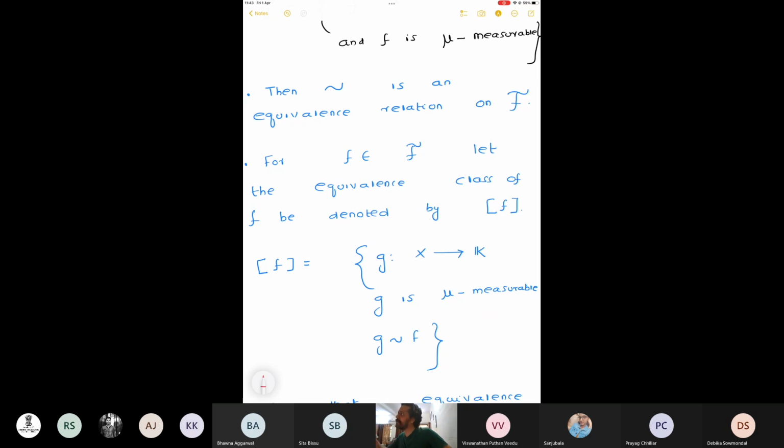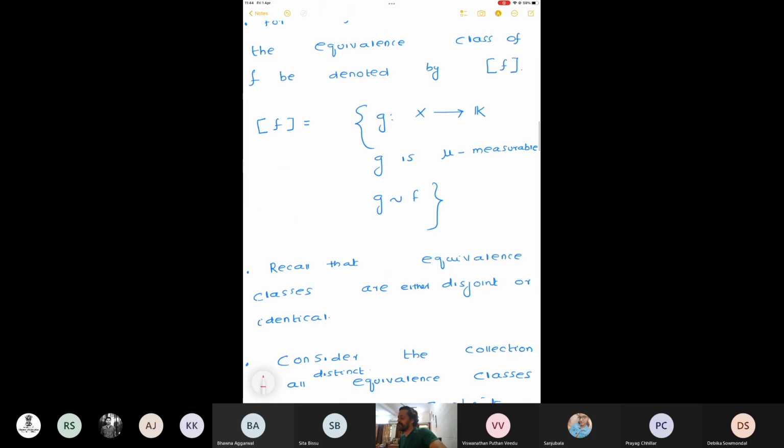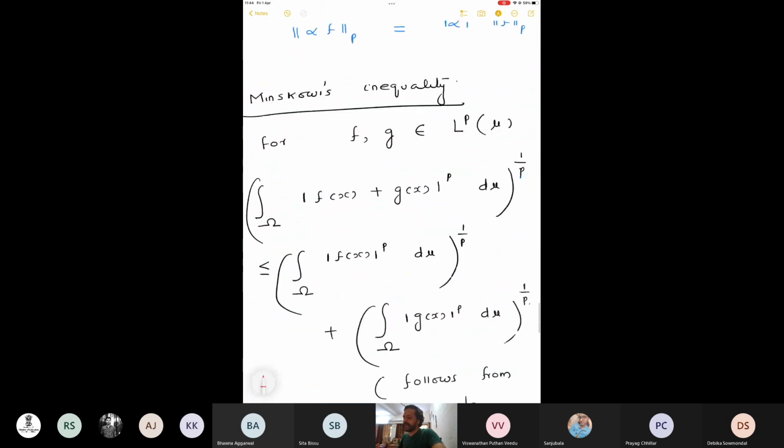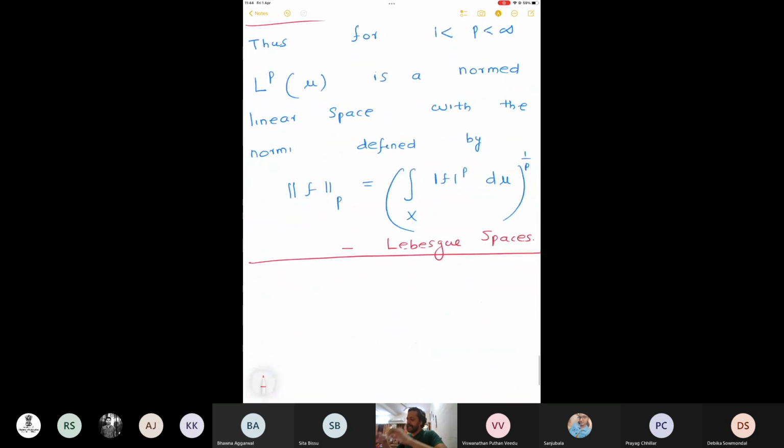So f equal to 0 almost everywhere is enough to say that f is equal to 0 as far as this equivalence relation is concerned. But it is a common abuse of language to say that an element in a Lebesgue space is a function. You take a function f in Lp, actually you are taking an equivalence class of functions. Is that point clear?